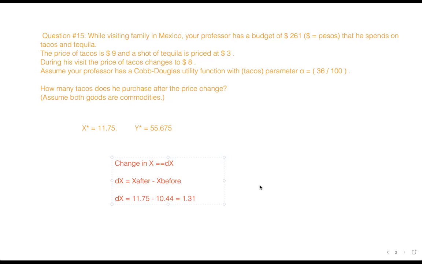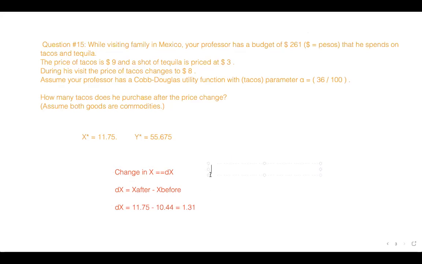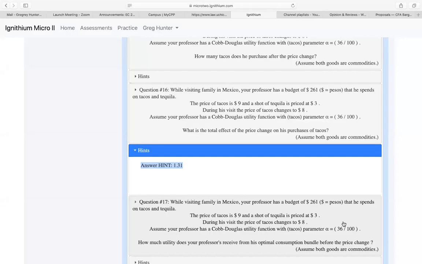I'll go ahead and paste the answer here. So that's right. Good job. And then I'm going to stop sharing, and then we'll take a look at how we're doing.